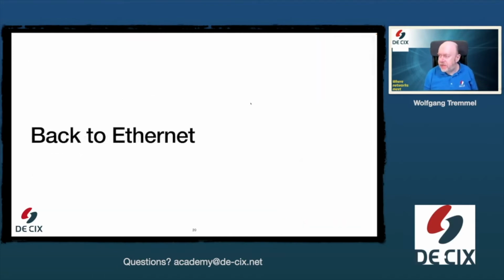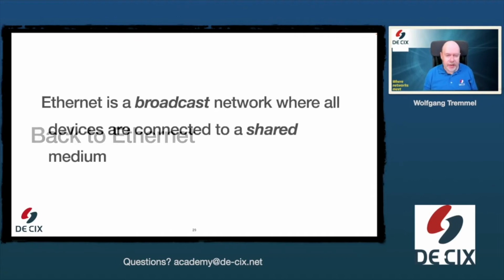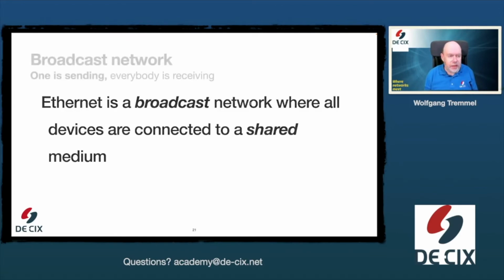Let's go back to Ethernet and keep remembering where Ethernet comes from. Ethernet is a broadcast network, and all stations are connected to a shared medium. In the beginning, a coax cable, later a kind of virtual shared medium in the form of a central device.